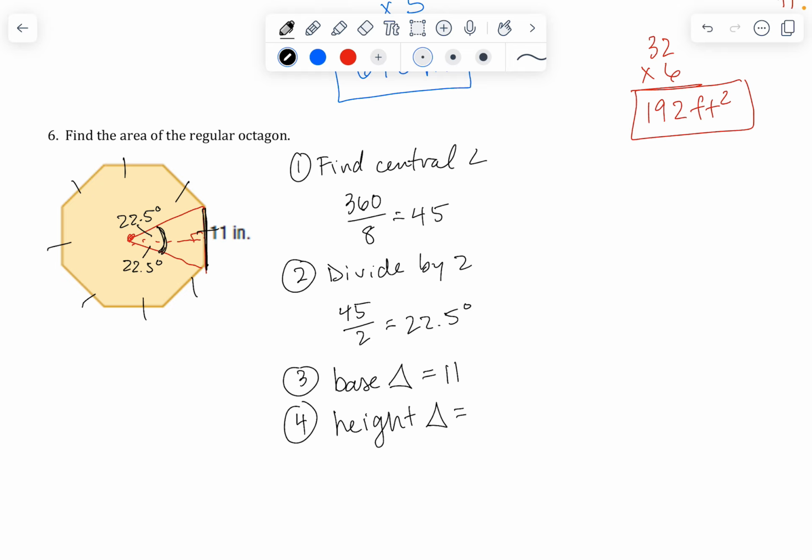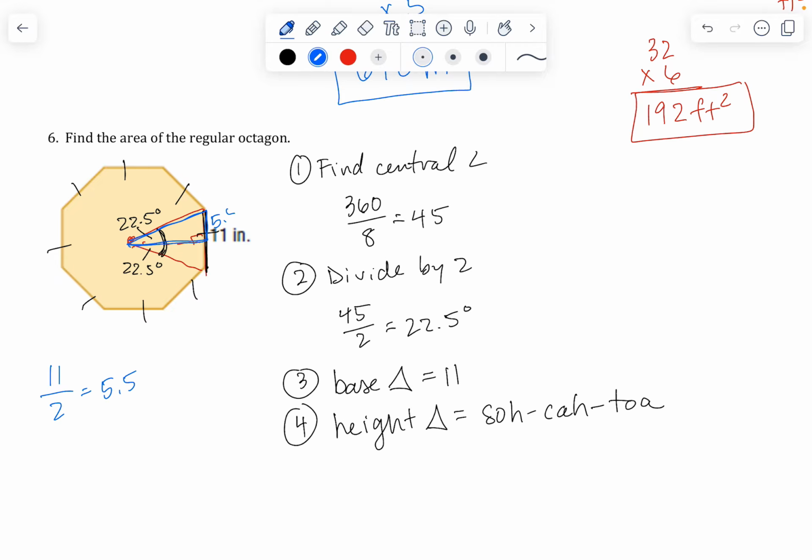And this is where we might have to use SOHCAHTOA. Oh boy, we haven't used this for a while. So I want you to take a look. I'm going to outline the triangle in blue. I'm going to show you this triangle right here. Do you see how 11 is all the way across? So if we take 11 divided by 2, we get 5.5.